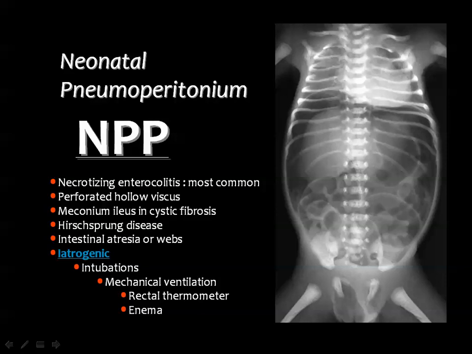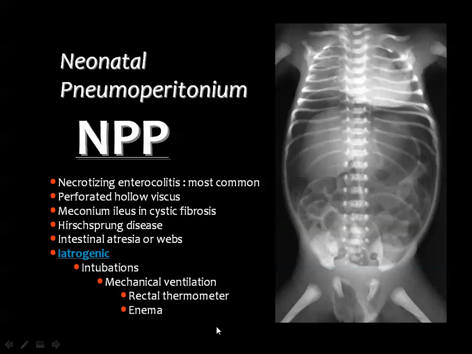Pneumoperitoneum means that you have a lot of air within the peritoneal cavity, and the causes may include: number one, necrotizing enterocolitis, which is considered the most common cause, perforated viscus, meconium ileus and cystic fibrosis, Hirschsprung disease, intestinal atresia, or webs.